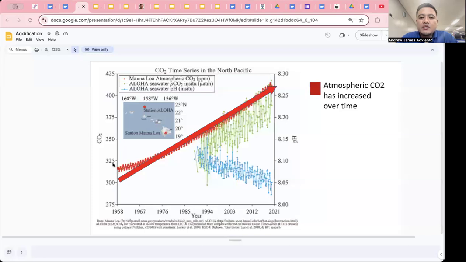So over the past century, humans have been burning fossil fuels at an unprecedented rate. This has led to a dramatic increase in atmospheric carbon dioxide, as shown in this graph.